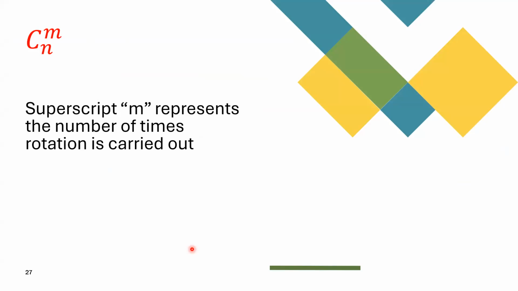If you rotate it once, it is C2 1, but we never write the superscript 1. If it is C2 2, we have to show it. The superscript m gives the number of times you do the rotation.